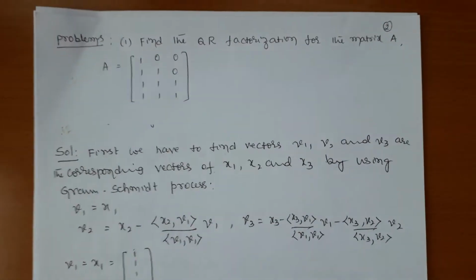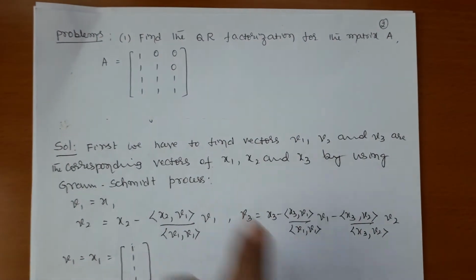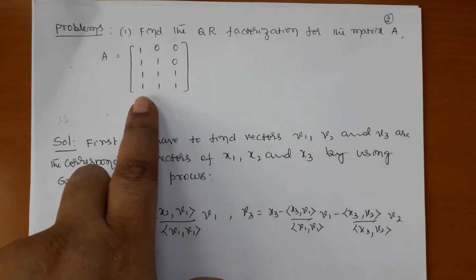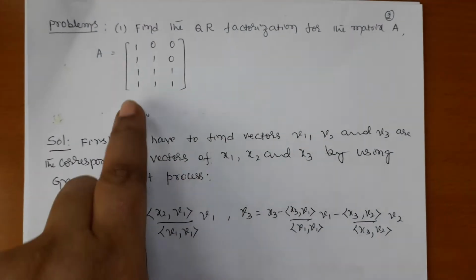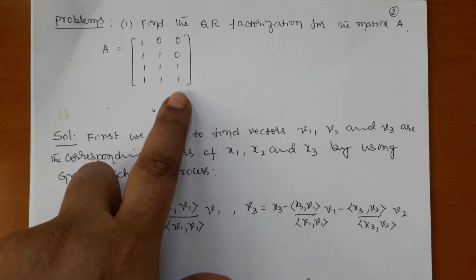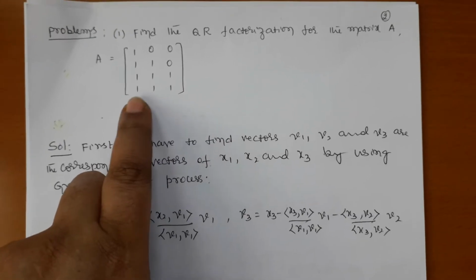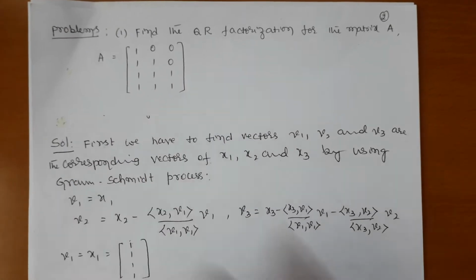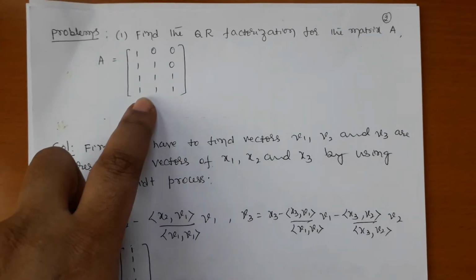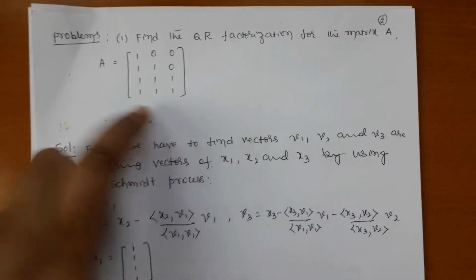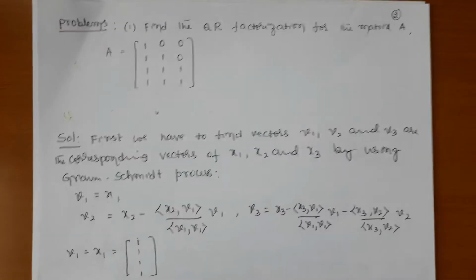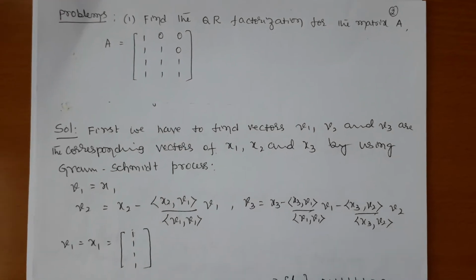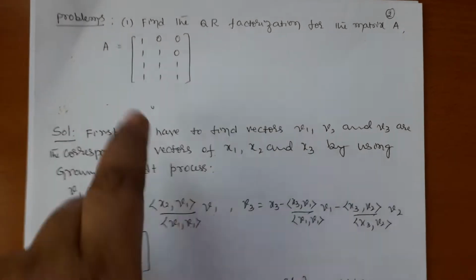If you want to do the QR factorization, first you pick each column; these are X1, X2, X3, the vectors. From that, by using the Gram-Schmidt process, we find V1, V2, V3.